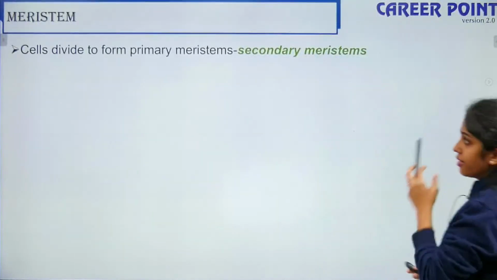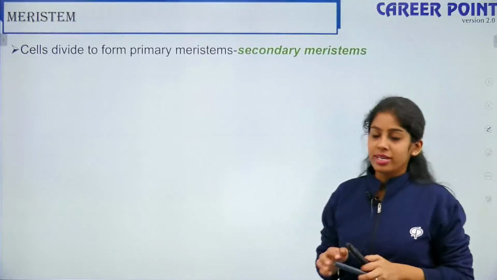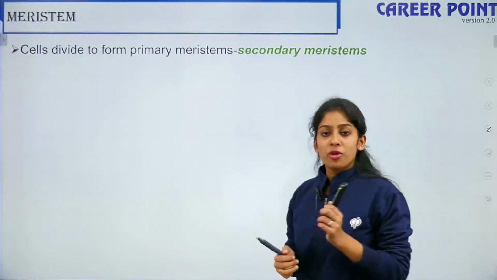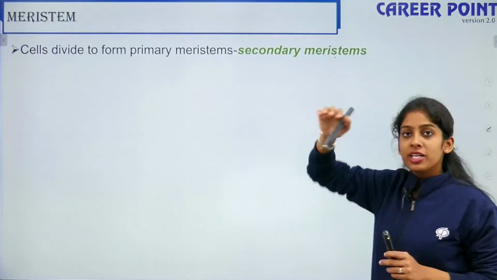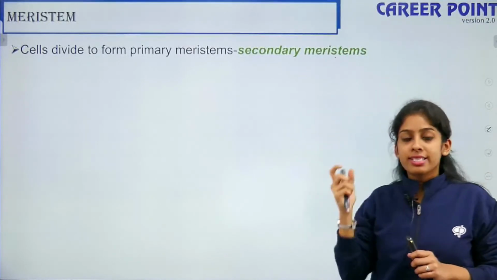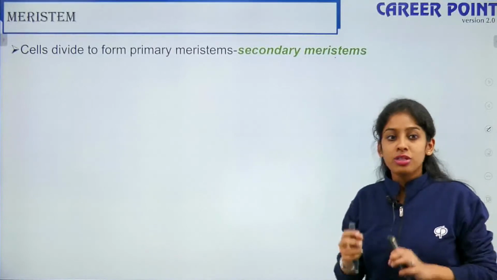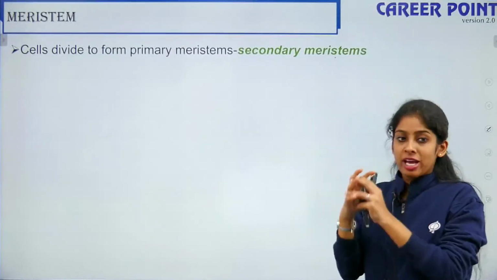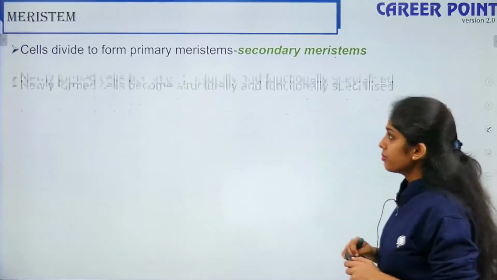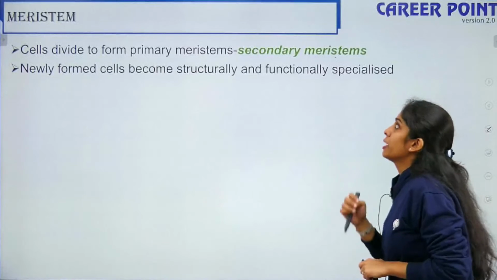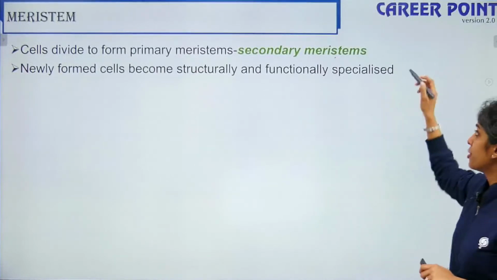Once again, further adding on to your secondary meristem, cells divide to form your primary meristem and they further form your secondary meristem. Because meristematic cells are capable of active division, your cells will first divide to form your primary meristem, and further they divide to form your secondary meristem as well. The newly formed cells become structurally and functionally specialized.